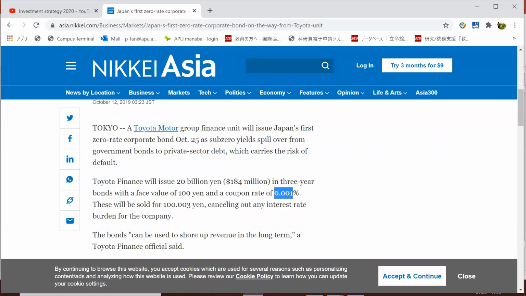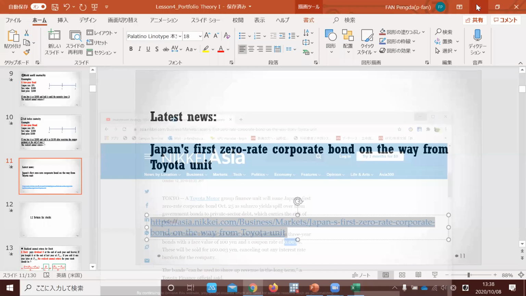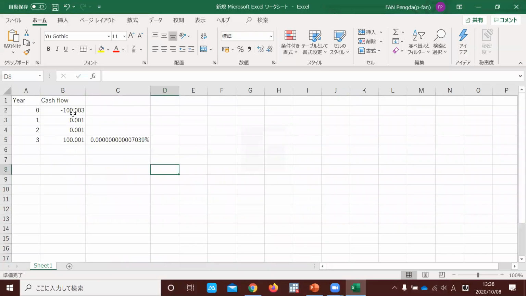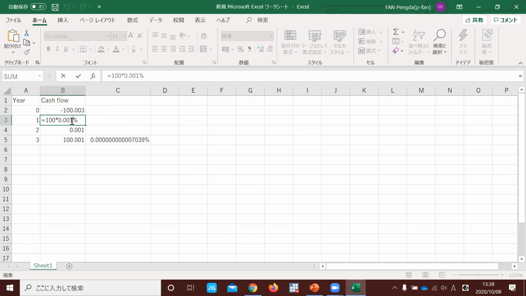Okay, so let me show you the bond's realized return if you hold it until maturity. Given the information, we know that at time zero, the bond was sold at a price of 100.003, and the coupon rate is 0.01%.